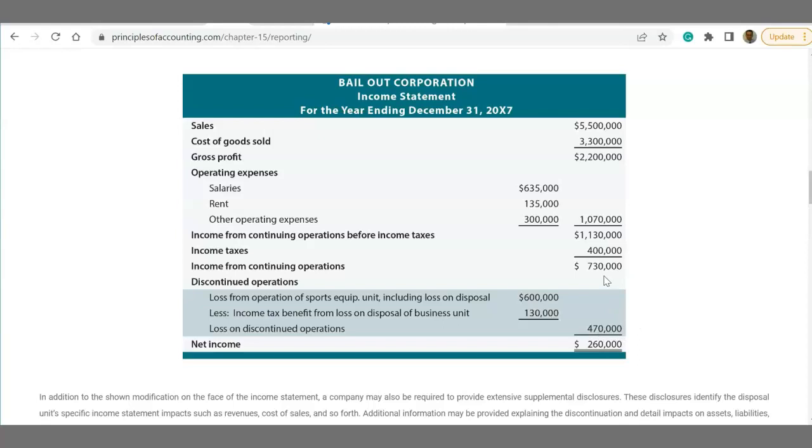So $730,000 income from continuing operations minus $470,000 loss on the discontinued operations, net of tax. This is net of tax, 470. Then you get net income of $260,000. So you have to show this completely separate from your continuing operations. Okay, makes sense hopefully.